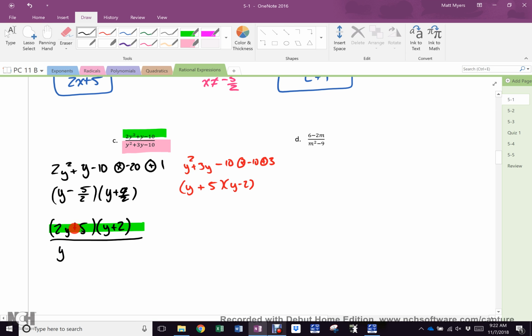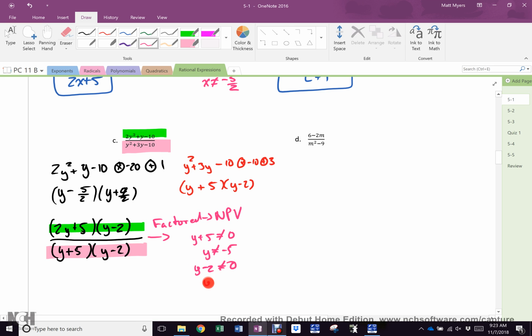Plus 1. Minus 2. All of you should be able to get to there comfortably. Once it's factored, then it's NPV time. So y plus 5 cannot equal 0, so y cannot equal negative 5. y minus 2 cannot equal 0, so y cannot equal 2.